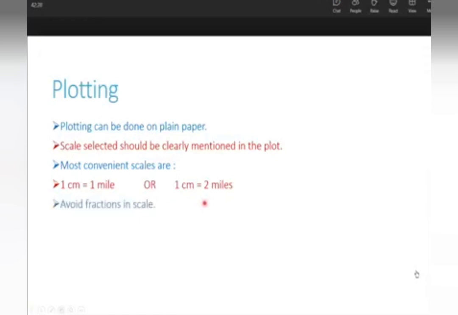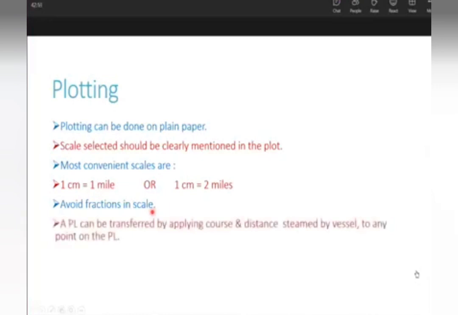Now, even if you have to use a bigger scale for some question, avoid putting any fractions in the scale. Avoid taking 1 centimeter is equal to 1.5 mile or so. Fractions in scale will lead to errors. It will become difficult and time taking to convert the plot values to actual values. So fractions should be avoided.